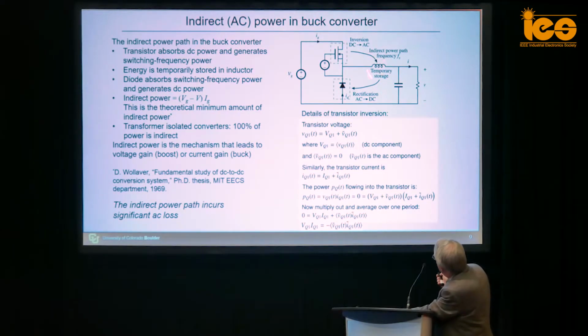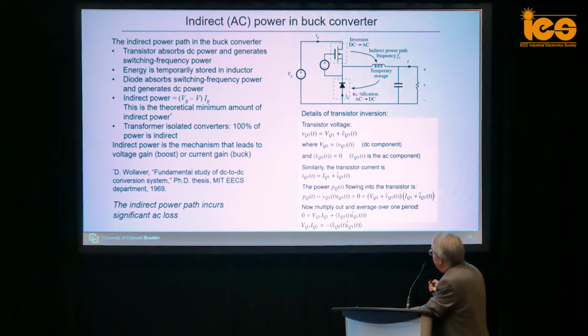Some of that power is temporarily stored in the inductor, and then it gets rectified by the diode. And the diode rectifies the indirect power back to DC, and it supplies some additional current that adds to the DC component of transistor current that produces the gain and produces additional output current.